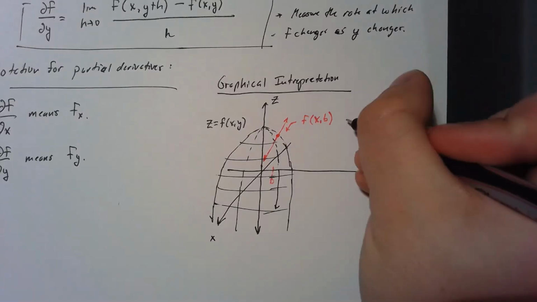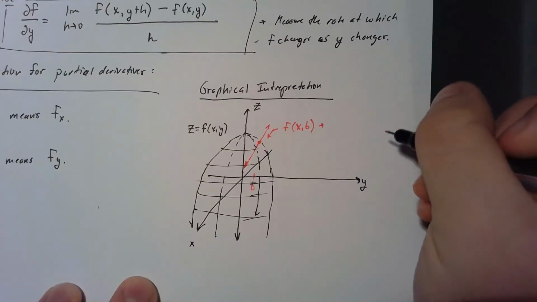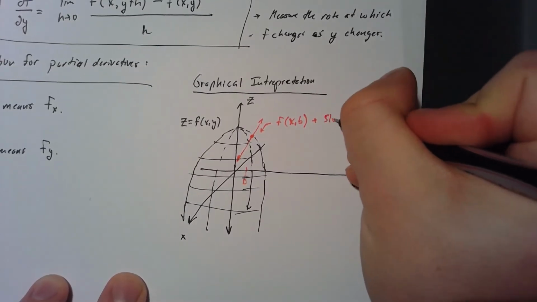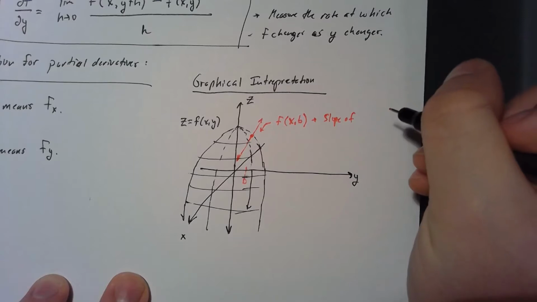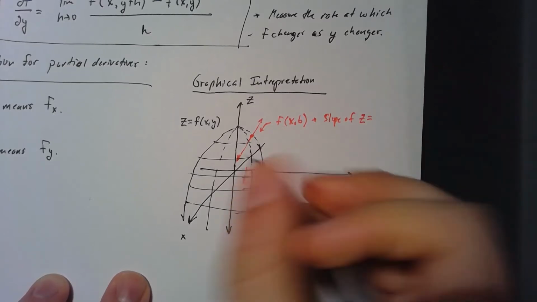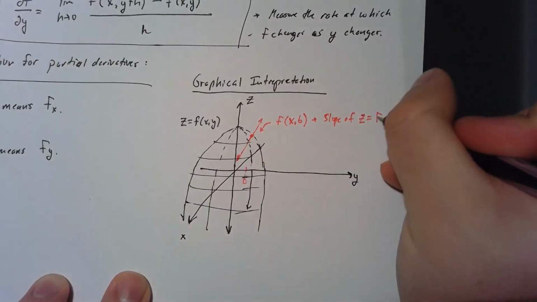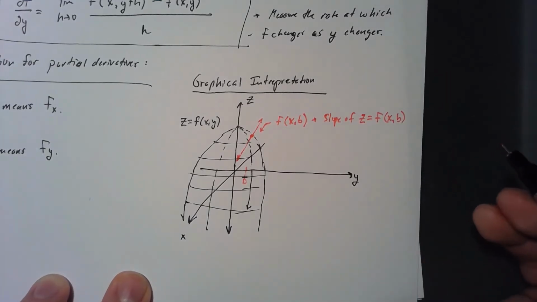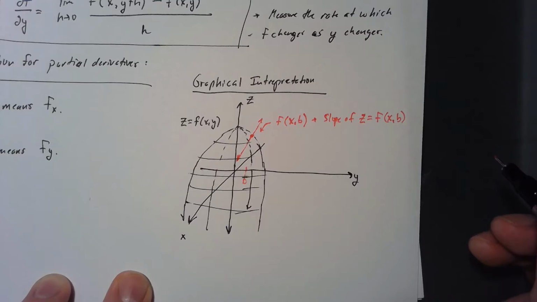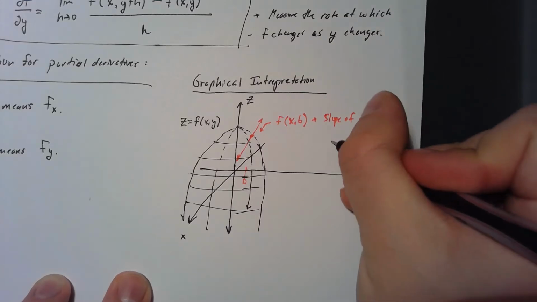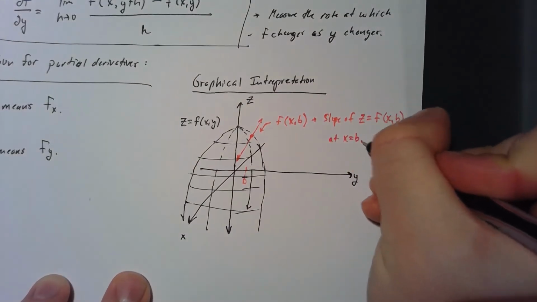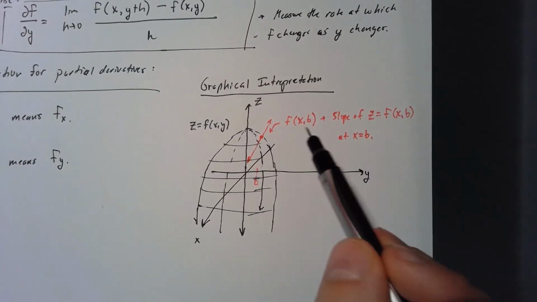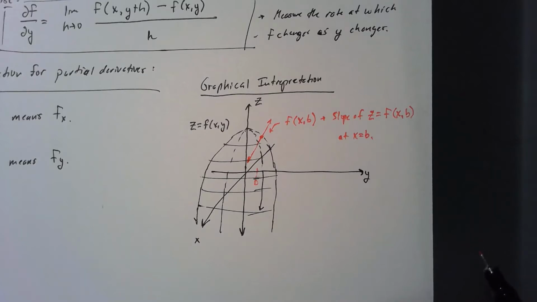So what does this represent? That represents the slope of z equals the function at that point. It's the slope of this function at x equals b. That's what the partial derivative is for this.